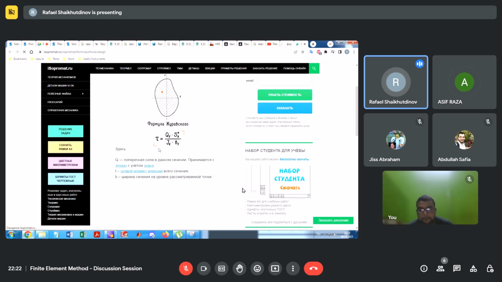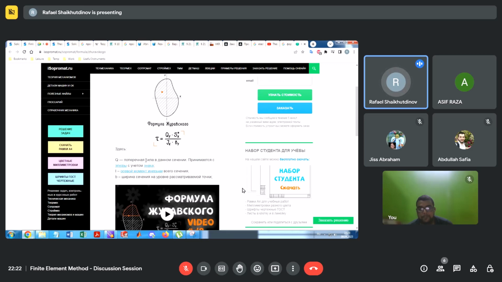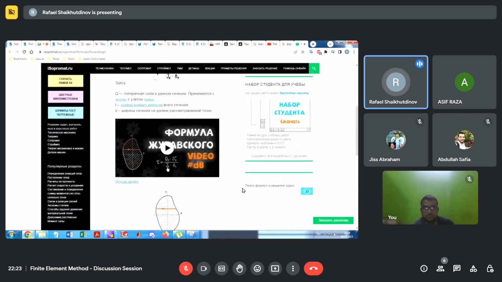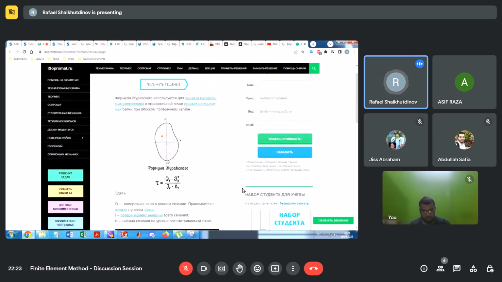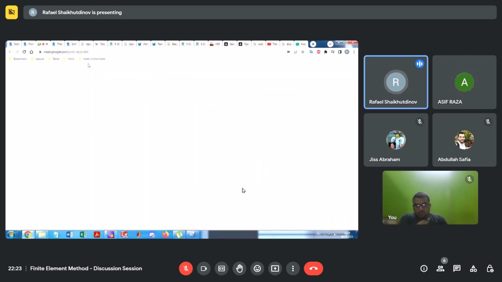This is a parabolic distribution of shear stress along the section, and Q here is the transverse force along this section. So my question is, when we're talking about the Euler-Bernoulli beam, can we simultaneously consider a problem with point load? Point load produces shear force, and therefore we have a shear distribution along this section, and we cannot talk about Euler-Bernoulli and shear force simultaneously. This point is not clear to me.